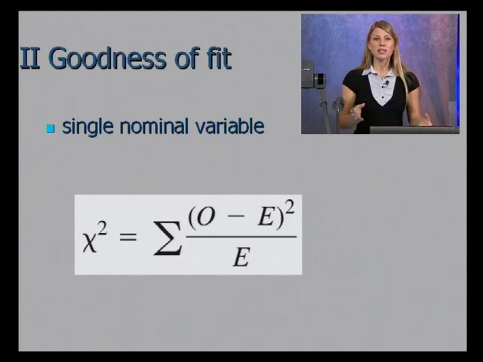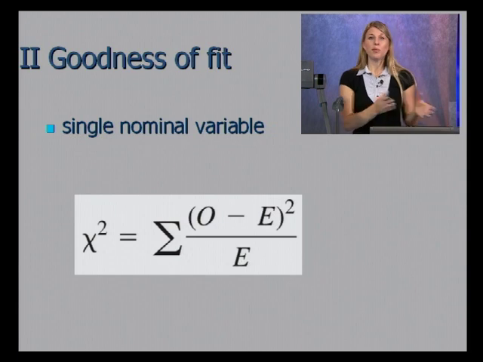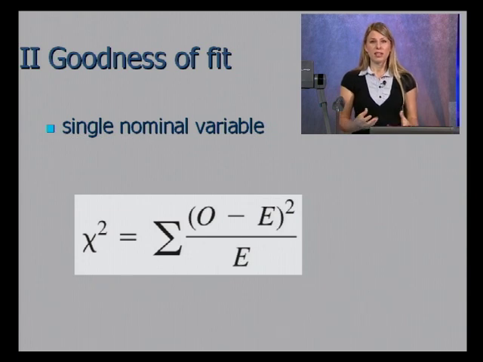So we go, how big is the difference of what we observe? That's what the O stands for in the formula. How big is the difference of what we observed from the count that we expected to get if the groups were equal, or they fit our pre-calculated fit that we expected if the null was true?